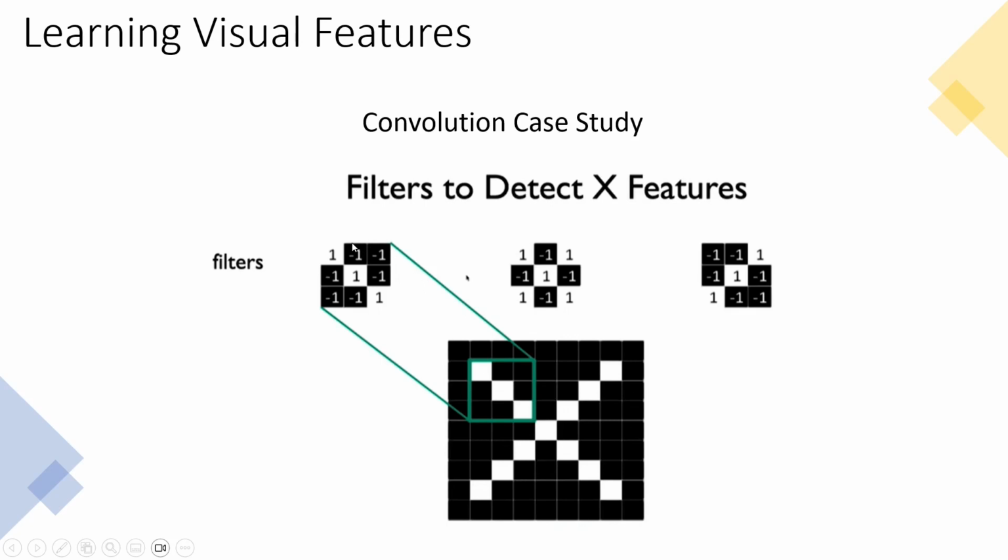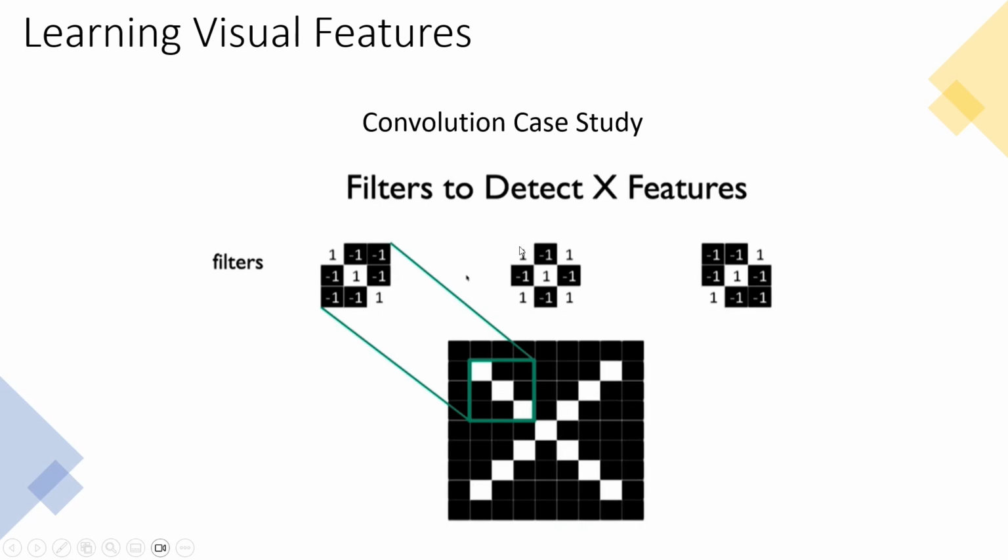Similarly, if I convolve this filter with this part of the image, that's gonna give a high value as well. Whereas if I convolve this filter with this part of the image, that's not gonna give a very high value. Basically, this filter will be used to detect these features, okay?